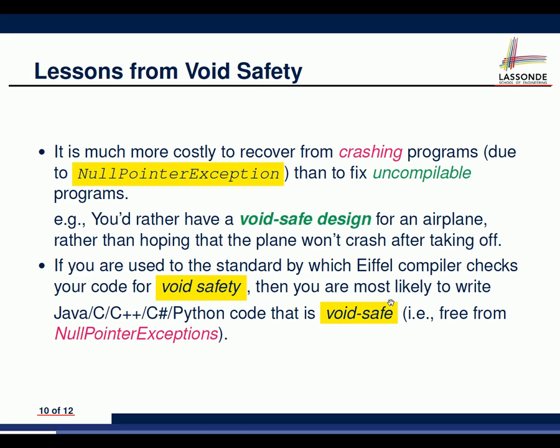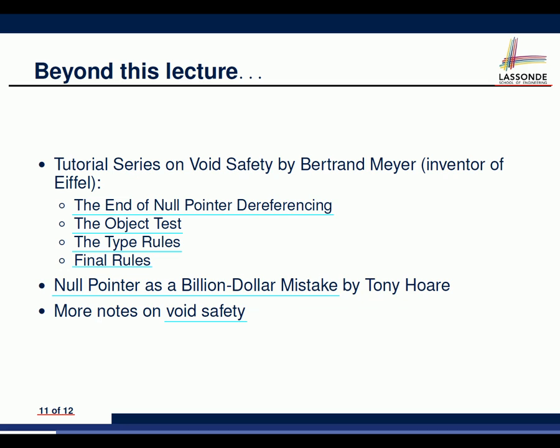Because you wouldn't have that kind of safety net from the compiler anymore outside the Eiffel compiler. Any questions about void safety? As I said, it's not a difficult subject. Hopefully you got the idea. If you're interested in other references, please feel free to explore.